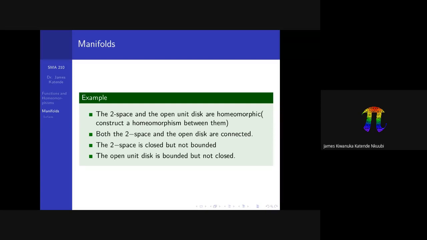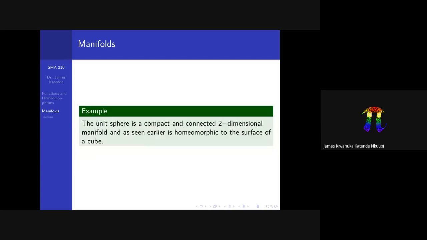So you can see again the homeomorphism does not care whether both are bounded or one is bounded and the other is not. That is not really a big problem for the homeomorphism.